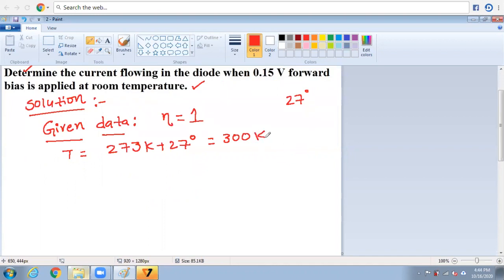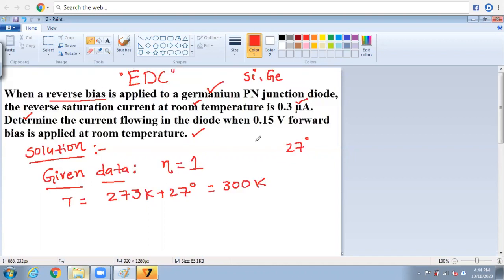The reverse saturation current at room temperature is 0.3 microamperes. This is called I naught or IS, the reverse saturation current.